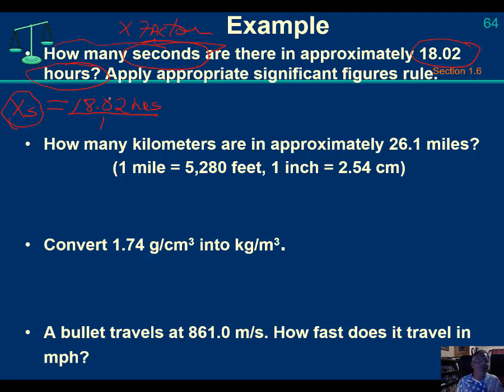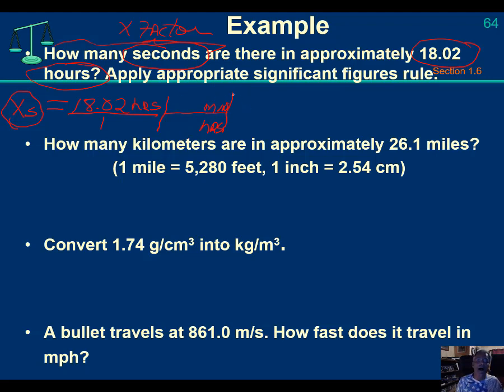So now I have a numerator, I have a denominator, and now I'm going to come up to my first conversion factor. Now, my conversion factor wants to cancel hours and it wants to go to some smaller unit. So I'm going to go from hours to, and I can't go directly to seconds, I could, but let's keep it simple. And let's go to minutes, because most people know how many minutes there are in an hour.